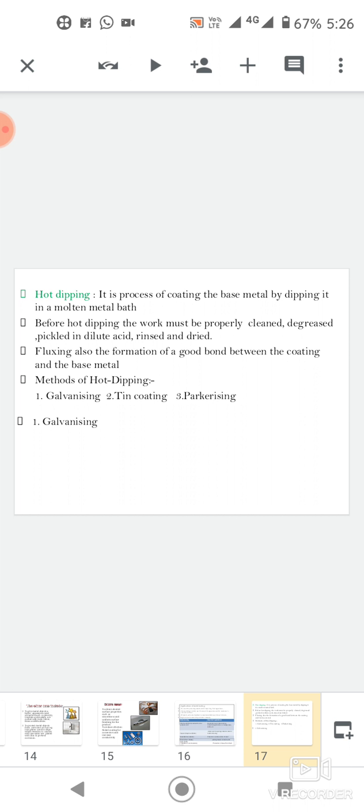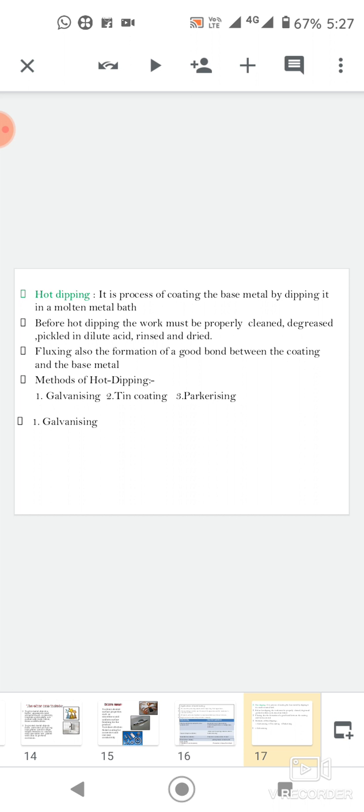The object is then dipped into flux. The fluxing cleans the base metal and prevents its oxidation as it enters the molten bath. Fluxing also assists the formation of a good bond between the coating and the base metal.